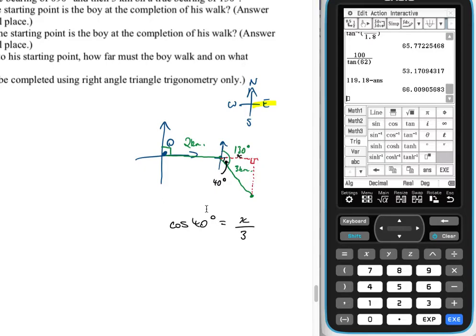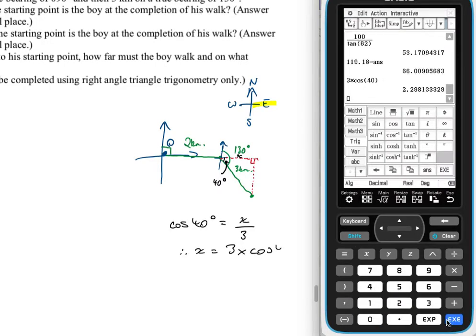Therefore, x is equal to 3 times cosine 40 degrees. So let's type that in, 3 times cosine 40 degrees. And I've got a value of 2.30 kilometers. So to answer part A, let's zoom out a bit now.